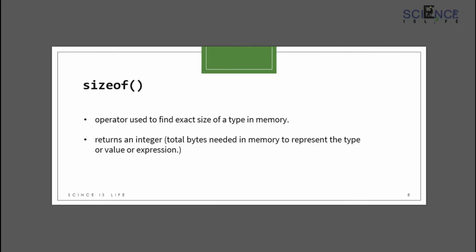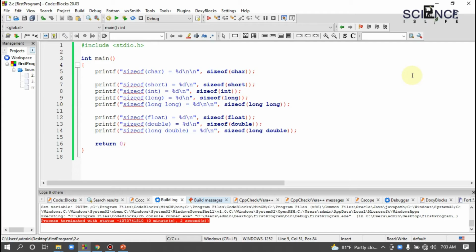So let's see how this operator works. Here I have written some statements using the printf function. What I am going to do is print the size of the data type char, right? So I am using the sizeof operator to print the size of data type char.